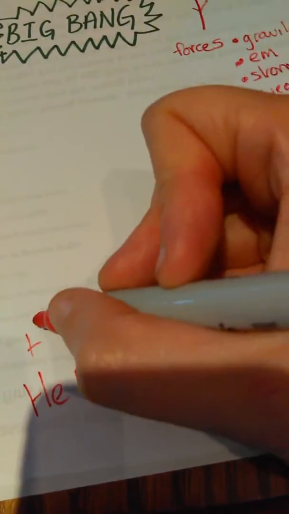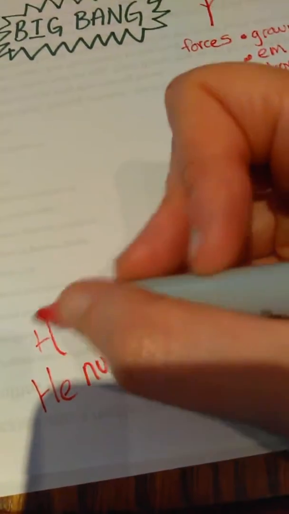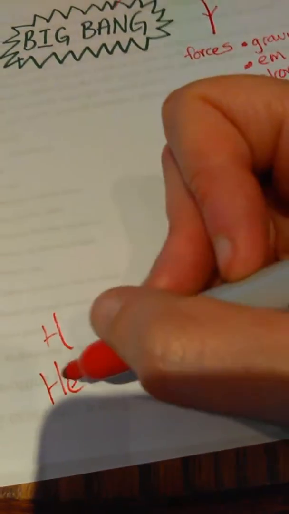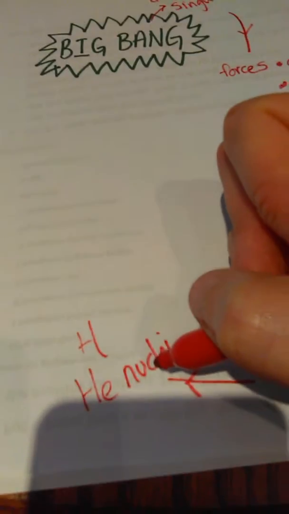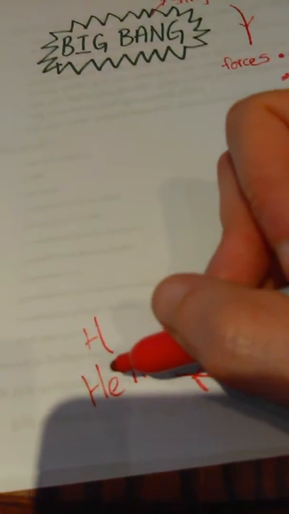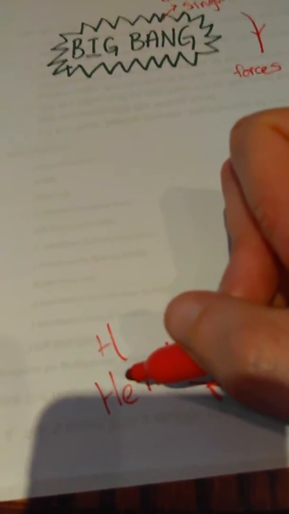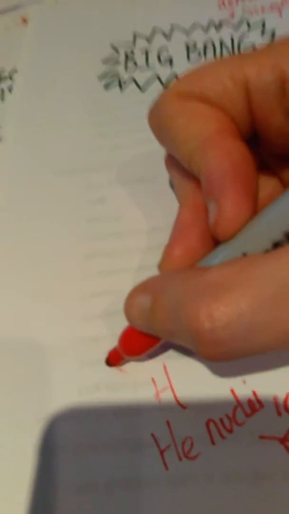So the hydrogen manages to fuse, and we get some helium nuclei. Now we only get the nuclei, we don't get the atoms. Atoms don't happen till much, much later.